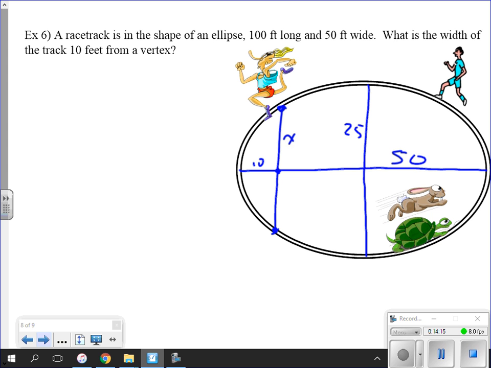So my A is 50, my B is 25. My H and K are 0. So I can choose to put it wherever I want. I'm choosing to make the center the origin to make life easy. So I have x squared over 50 squared, which is 2,500, plus y squared over 25 squared, which is 625. Equal to 1. There's the equation for my racetrack.